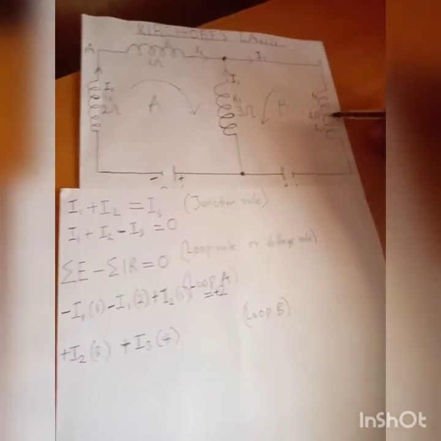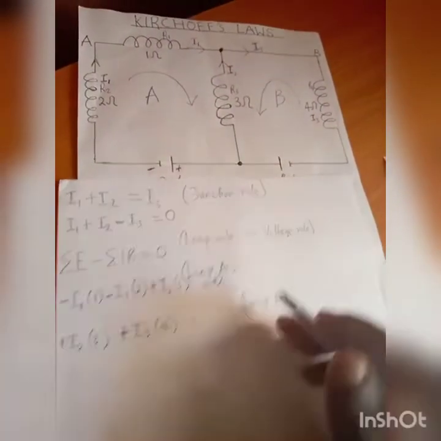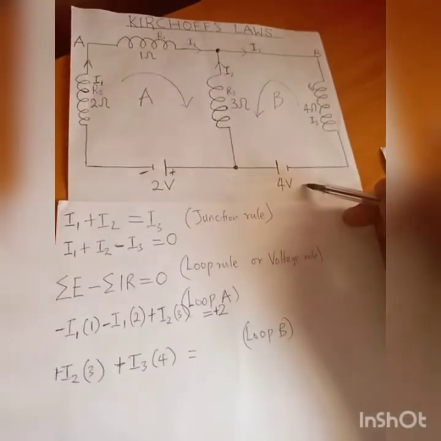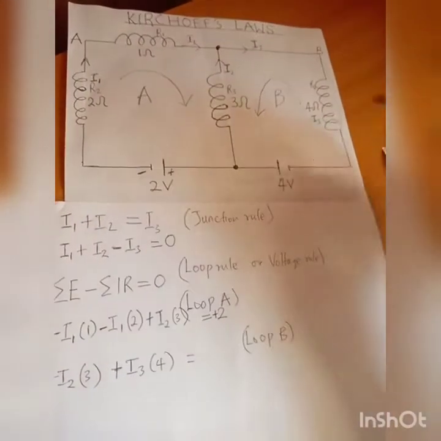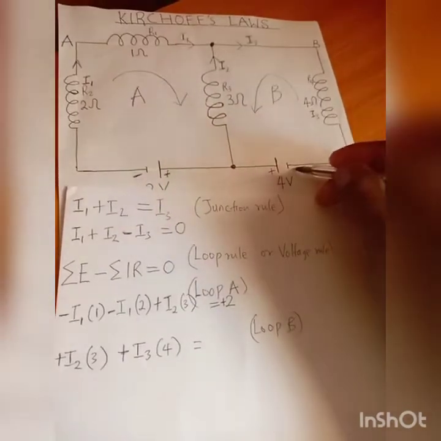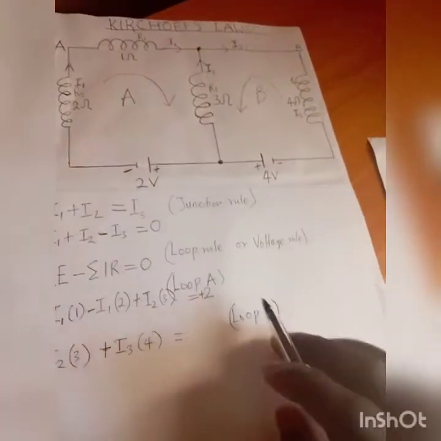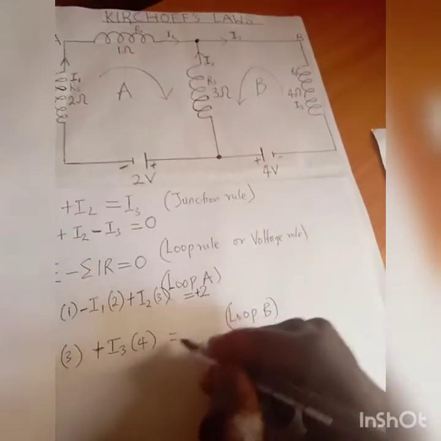Okay, so what you now do is you say is equal to, you compare it with the voltage you have here. This is the positive terminal of the cell, this the negative terminal of the cell. It moves from negative to positive. So you say is equal to 4.